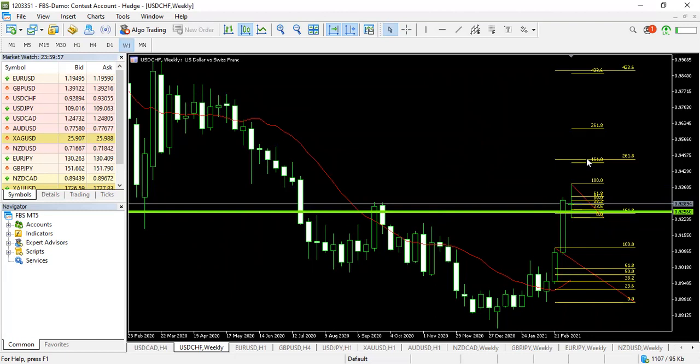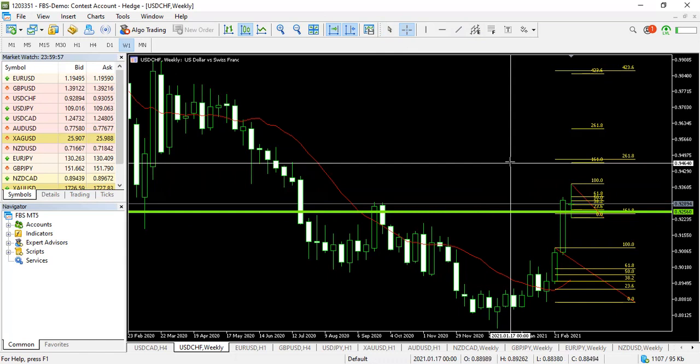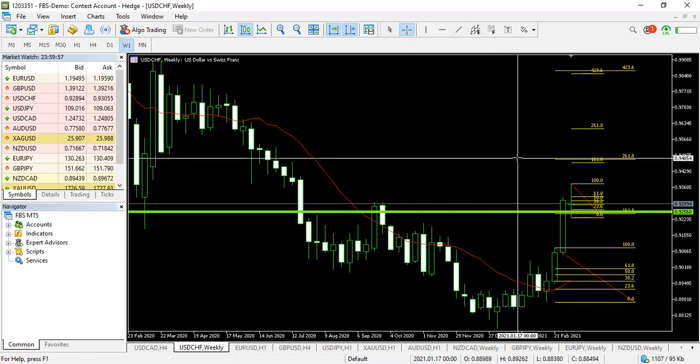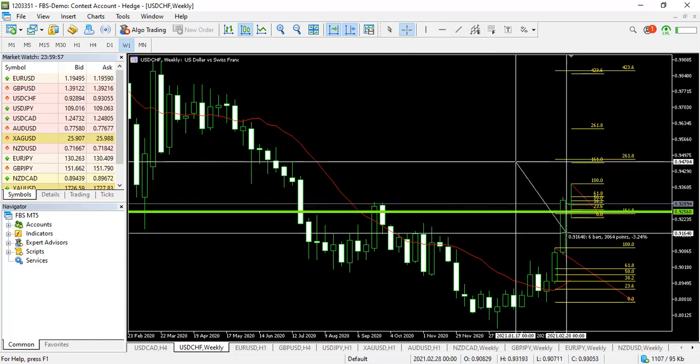The next week's pivot point here would be 0.93700. So we'll likely see the pair rising up to this zone here, which is the 261.8. Our pivot point is around here, so we might see the pair selling if the pivot point holds.